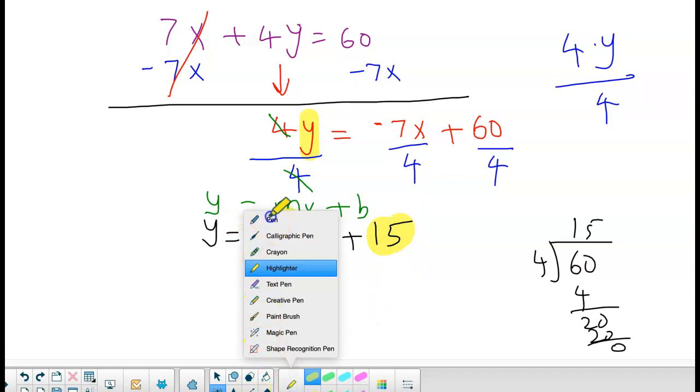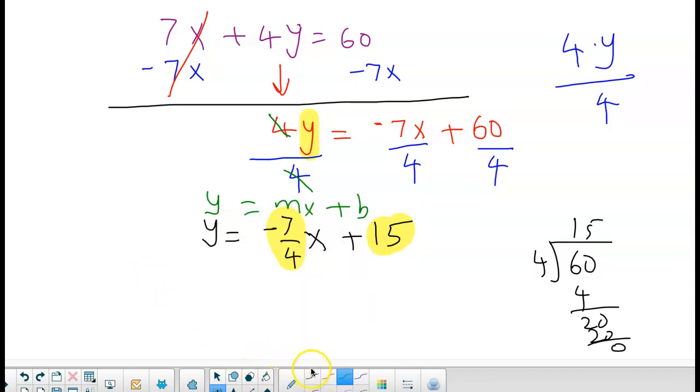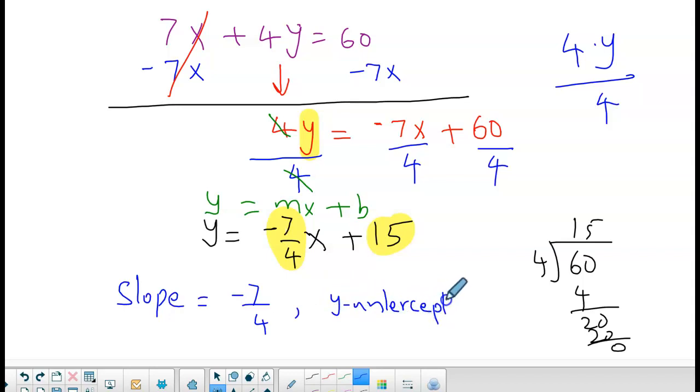The slope is equal to negative 7 over 4 and the y-intercept is equal to 15. So the x coordinate is 0 and the y coordinate is 15. You can write it this way.